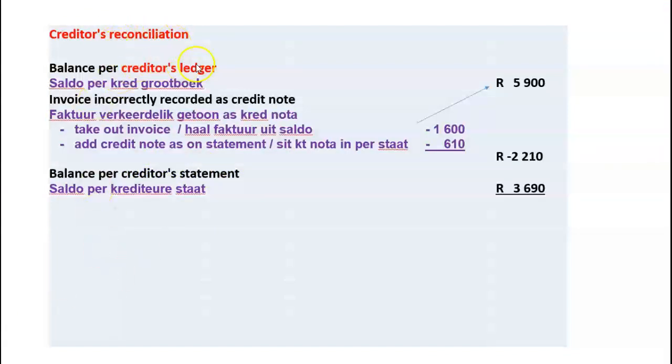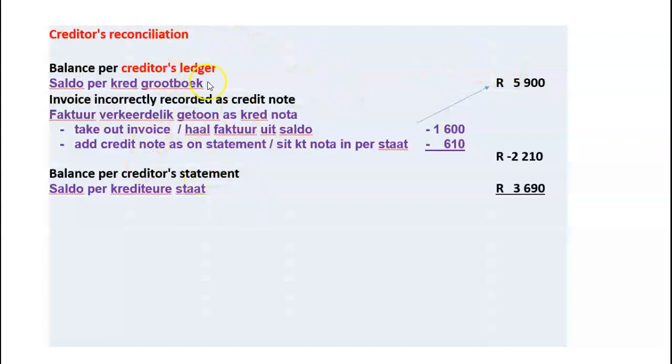So on a piece of paper, that is what the reconciliation is all about: writing up differences on a piece of paper. If I want to make my ledger balance the same as his statement balance, in my ledger balance, which we don't know as yet, was included R1,600. What did that R1,600 do to my balance? It increased my balance. He didn't post it at all.